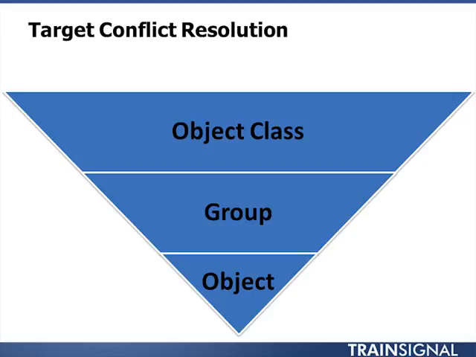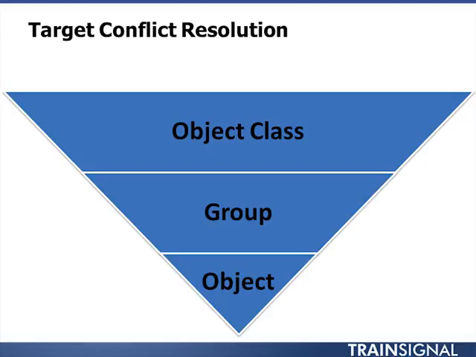And then finally down to the object level. This allows you to be very granular with how you apply overrides and still do so in a way that makes it a little bit easier administratively. So it applies overrides to first the object class, then the group, then the object.